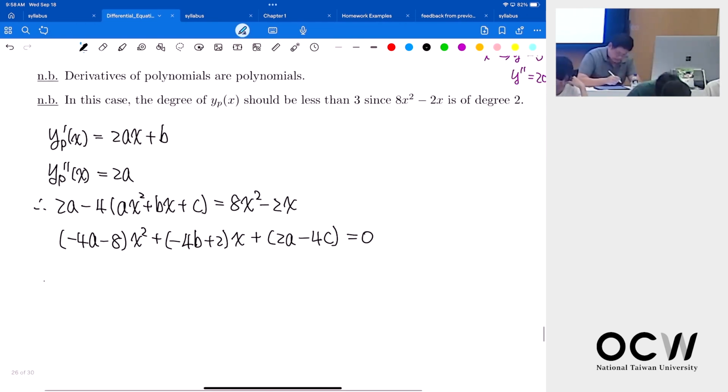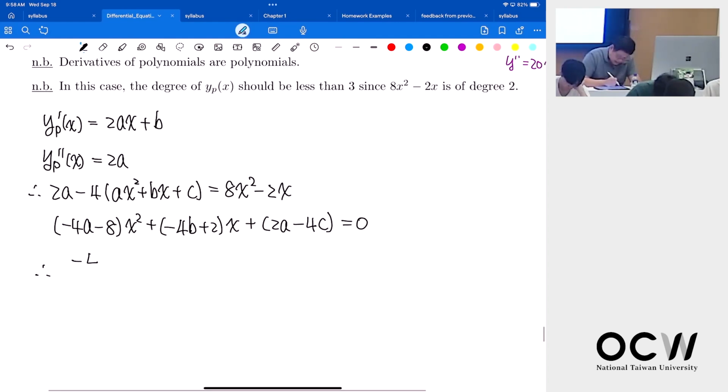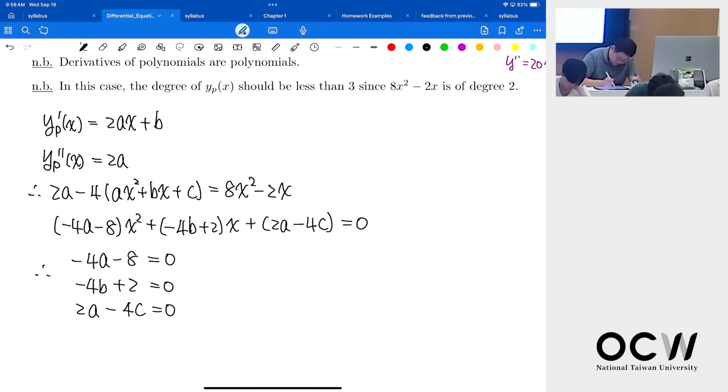So minus 4a minus 8 should be equal to 0. Minus 4b plus 2 should be 0. And 2a minus 4c should be 0. Then you get a equals minus 2, b is 1/2, c is minus 1.